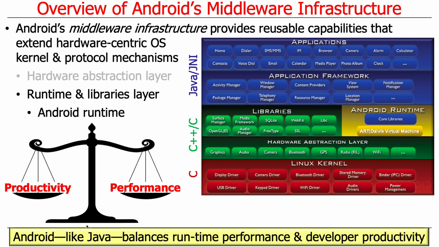So one of the things that Android tries to do, just like Java tries to do, is provide a balance between programmer productivity, in other words, how easy is it to write apps, and runtime performance. Now, you could obviously maximize performance by writing everything in assembly code, right? Or writing everything in C, or writing everything in C++.